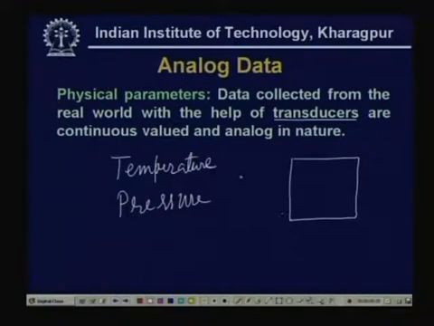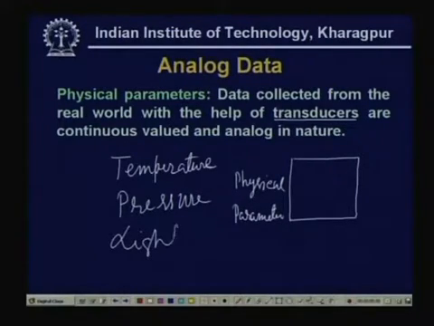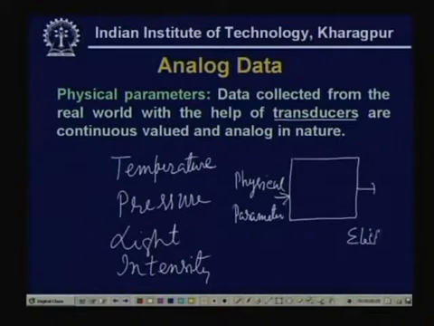So on this side we apply a physical parameter, it can be temperature, pressure, say light intensity, and on this side we get some electrical signal, voltage or current.